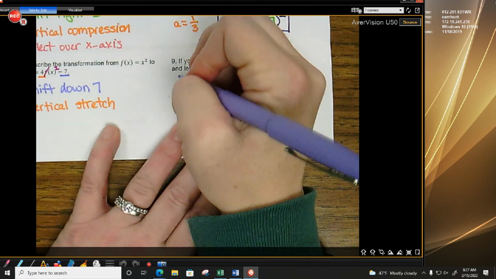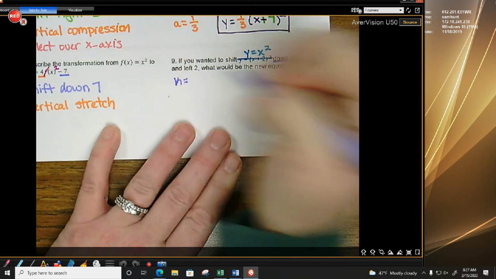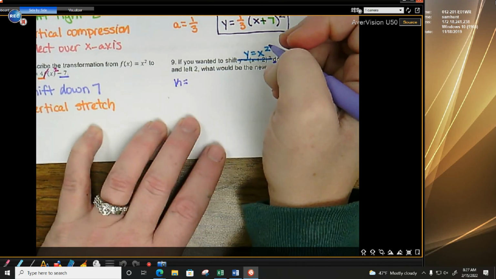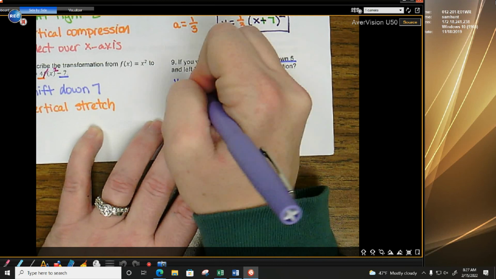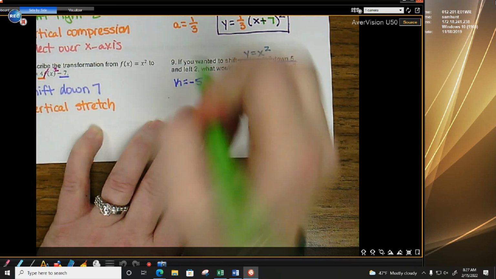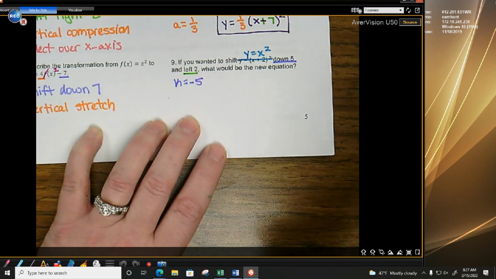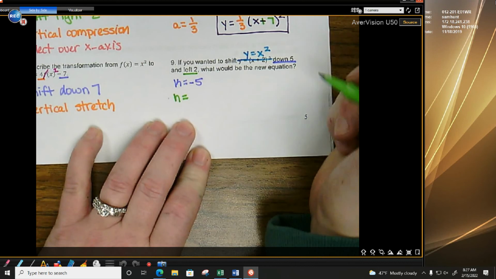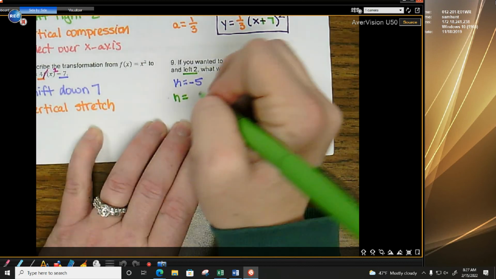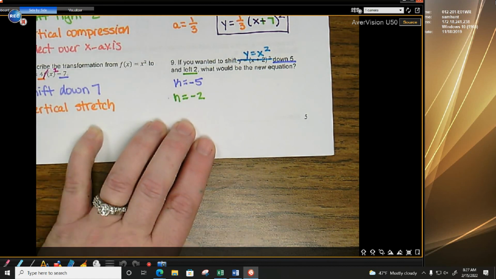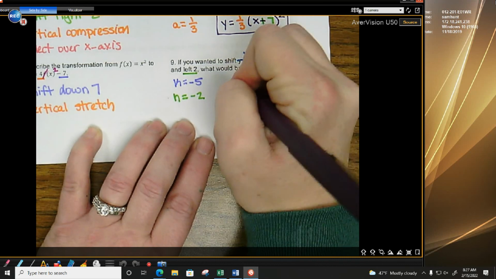And I also want to shift left too. What's going to shift me left? The h. And if I go left 2, what kind of 2 is it? Negative 2. Does it say anything about changing the width or reflecting? No. Okay. So I have y equals a times (x minus h) squared plus k. Guys, it is super beneficial to write this out at the beginning so you then know where to substitute your values correctly.